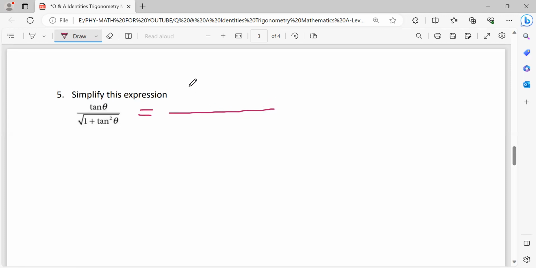So we have to change tangent becomes sine over cos, sine theta over cosine theta, and then 1 equals cosine over cosine, because tangent is sine over cosine.